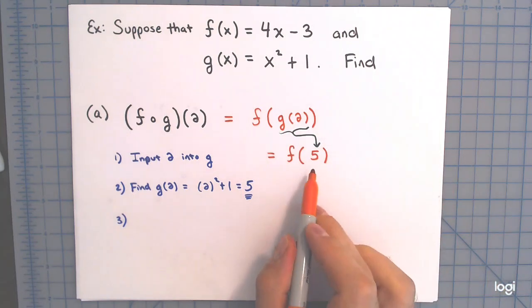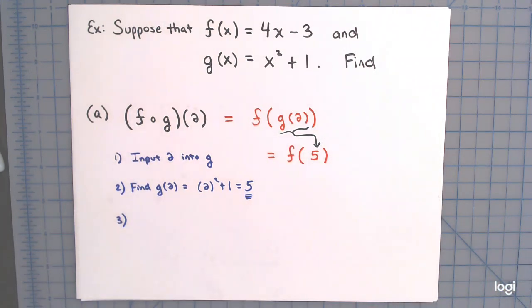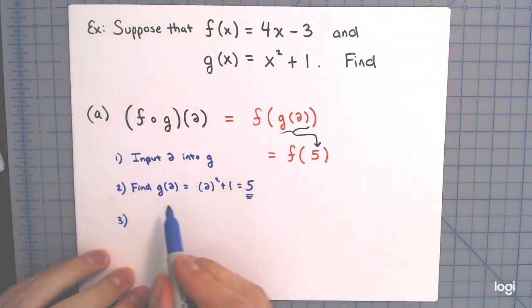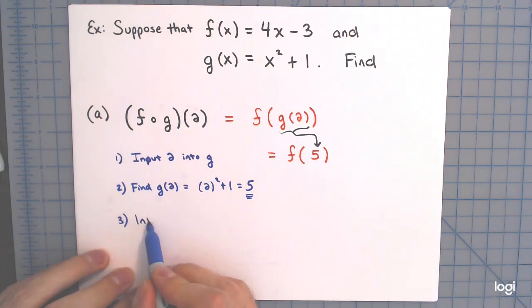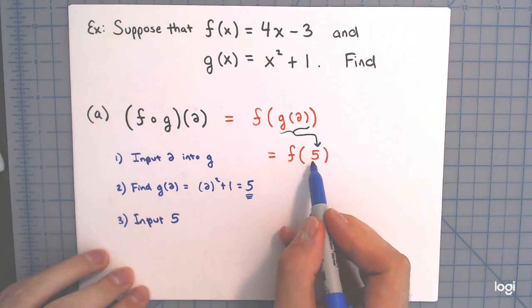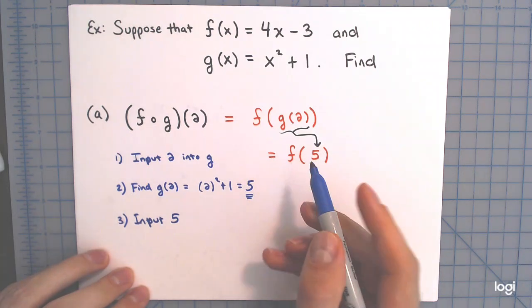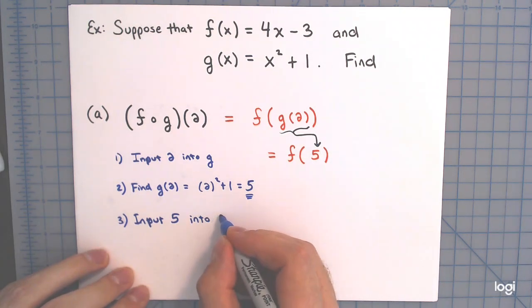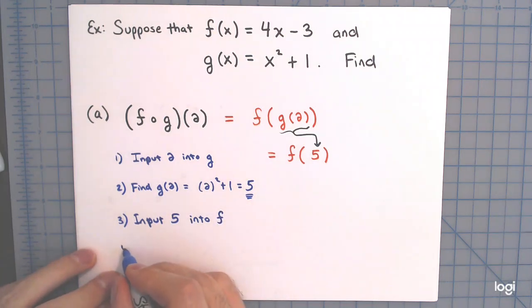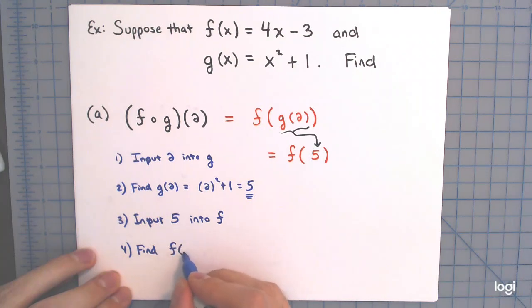Okay, and then all we're doing next is finding f of 5. I'm going to be inputting this 5, this g of 2, into the only function name left, into f. And find or evaluate f of 5.